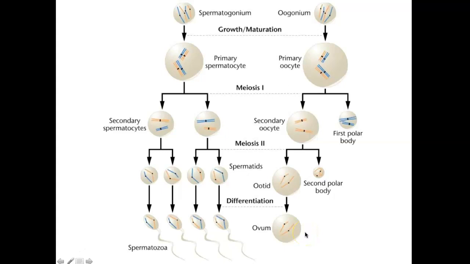And if you talk to evolutionary biologists, they'll say that this is sort of the reason why there's female choosiness in the animal kingdom, because it's so much more expensive, meaning cellular energy expensive, to produce an egg than it is to produce sperm, because you can get so many more sperm from that same cost of meiosis.